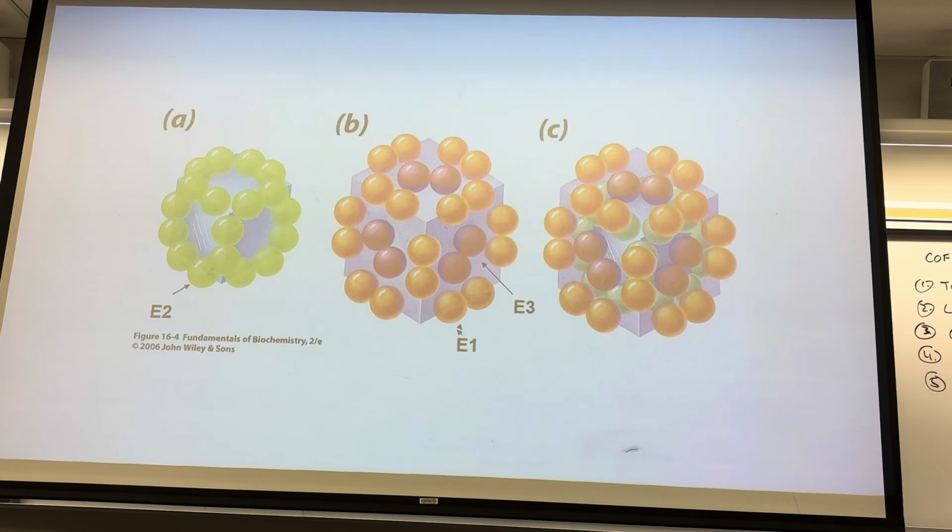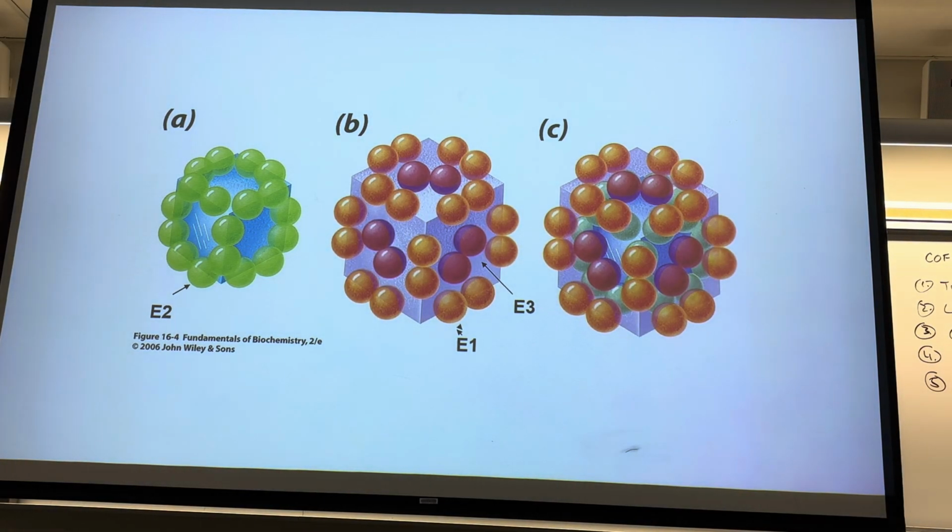Oh, so structurally, I'll finish up talking about PDH. Well, no, because I'm going to talk about regulation a little bit. So this is a complex, and there isn't just one copy of E1, one copy of E2, and one copy of E3.